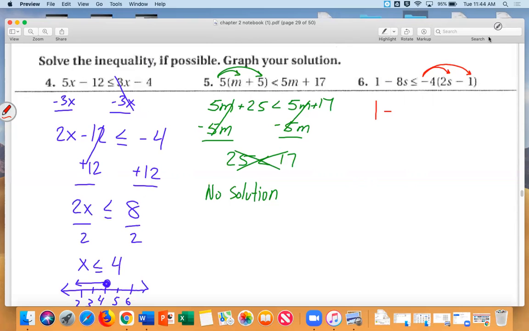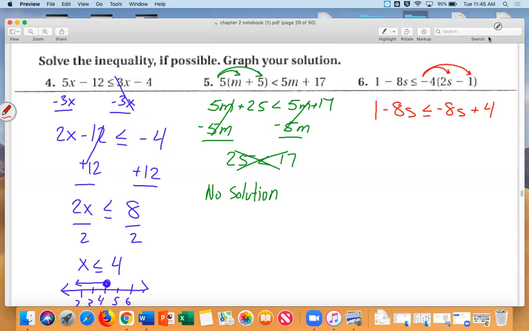So when I do that, on the left-hand side, I don't change anything. I have 1 minus 8s is less than or equal to -4 times 2s is -8s. -4 times 1 is +4. Now, Chucky, how do I get rid of -8s?